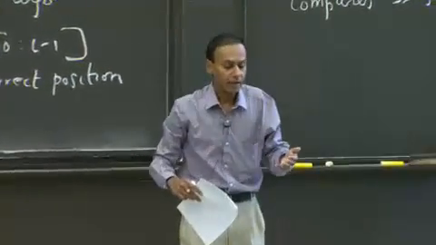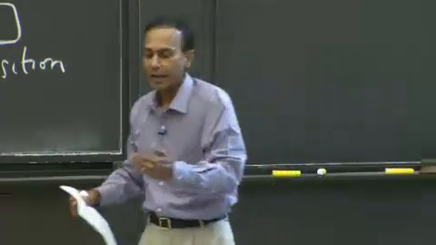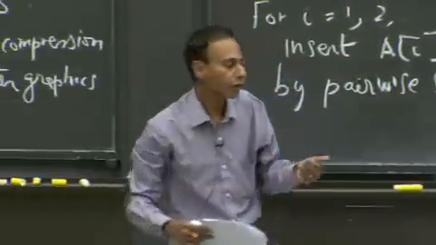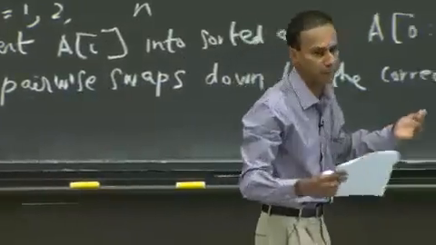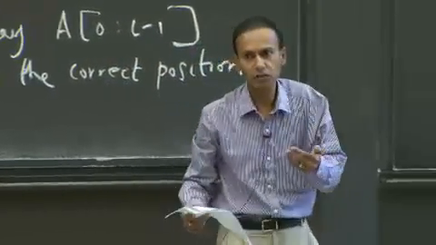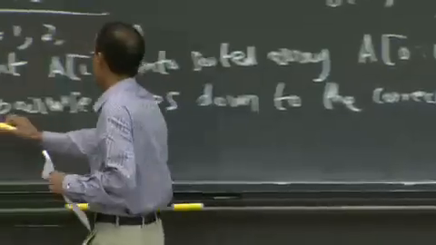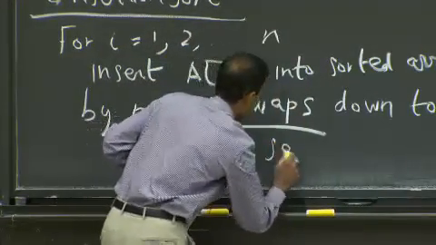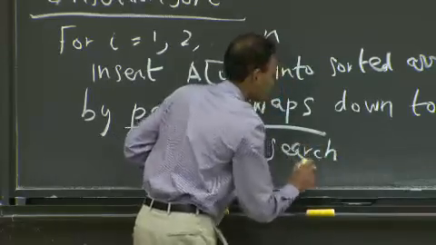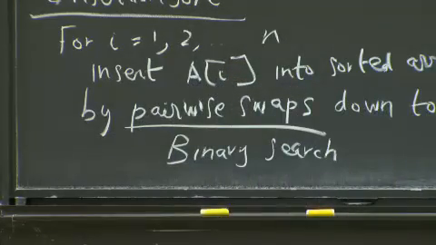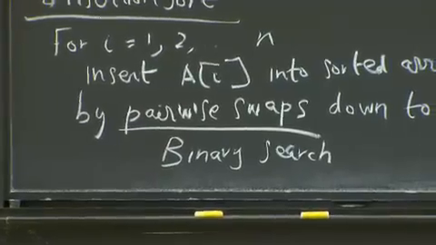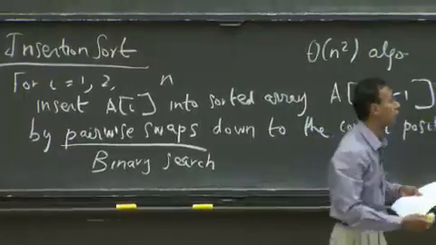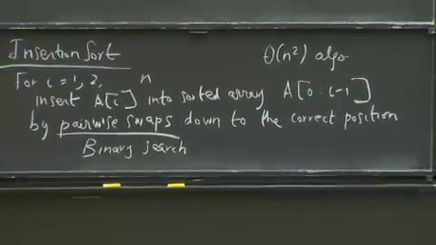If you take insertion sort, you can trivially turn it into a theta n log n algorithm if you're talking about n being the number of compares. All you have to do is say, you know what, I'm going to replace this with binary search. And that was the key observation: because a of 0 through I minus 1 is already sorted, you can do binary search on that part of the array.